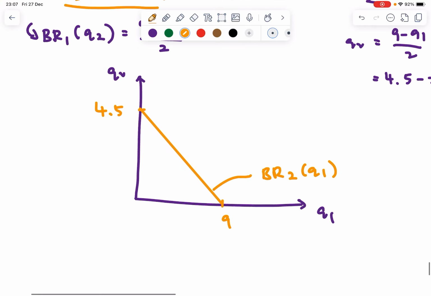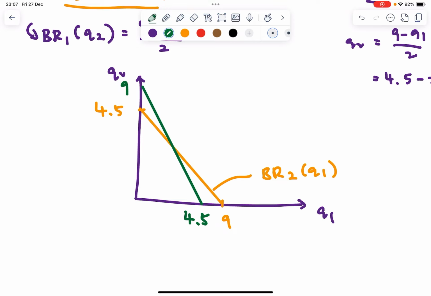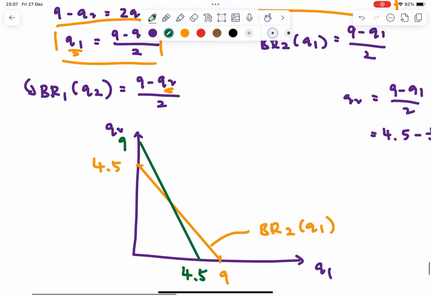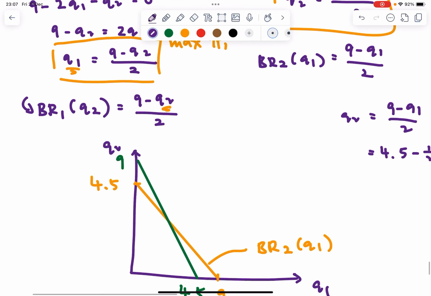And then we draw the same thing for firm 1, and then we get that this is 4.5, and this is 9, because Q1 equals 9 minus Q2 over 2, which equals 4.5 minus half Q2.